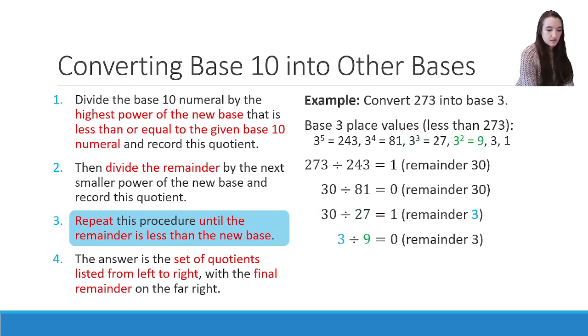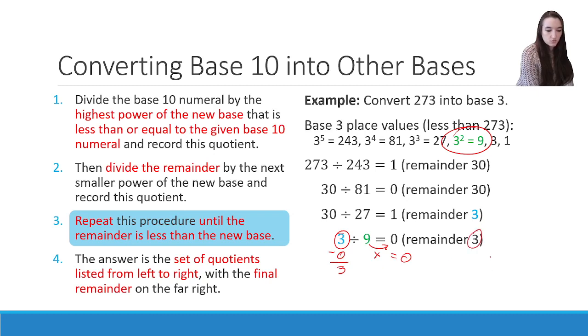And now repeat. With my remainder, 3 divided by 9 this time, which is going to be 0.33333, right? So we'll get a remainder of the entire thing because when we multiply, 9 times 0 equals 0, 3 minus 0 equals 3.